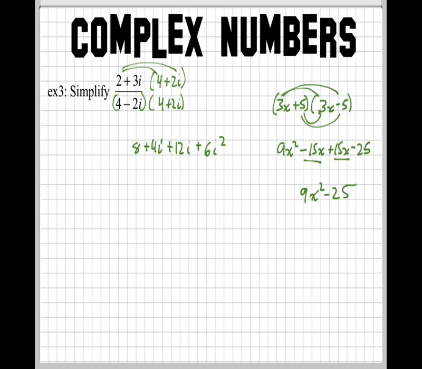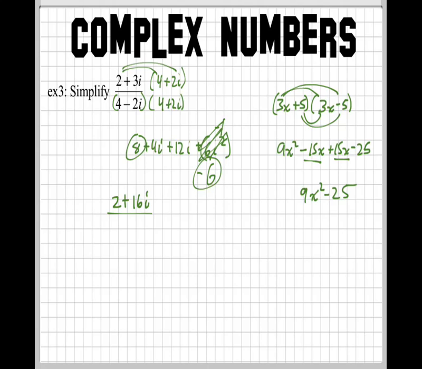And so the numerator is going to have an 8 plus 16i, but that 8's about to change because this 6 with the i squared on it is going to change. The i squared becomes a -1, so it's 6 times -1, so it's going to be a -6. So this is a -6, and that combined with the 8 is going to be a 2. So let's get rid of that. We'll make that into a 2, and that's our numerator.